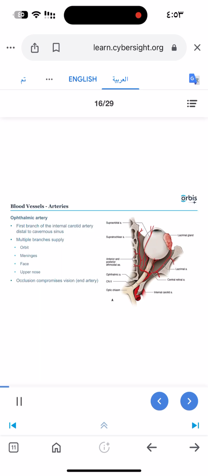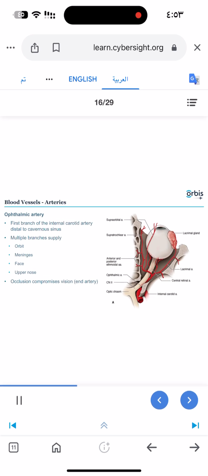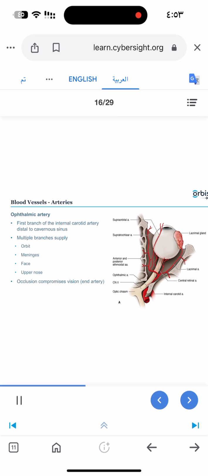We will now look at the blood vessels supplying the eye and the orbit. The arterial supply to the eye and orbit is provided by the ophthalmic artery. This is the first branch of the internal carotid artery and comes off distal to the cavernous sinus.